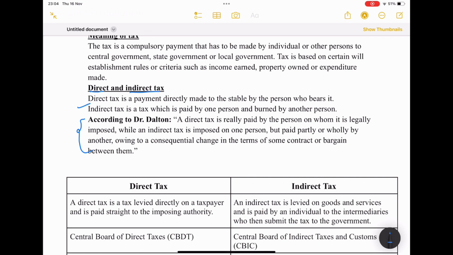Whereas for indirect taxes, generally the major type of indirect tax is GST. Here the tax liability can be easily transferred to another person. For example, the manufacturers or wholesalers are not paying taxes to the government.